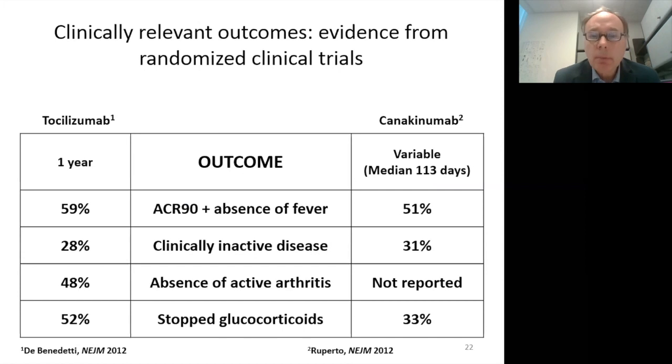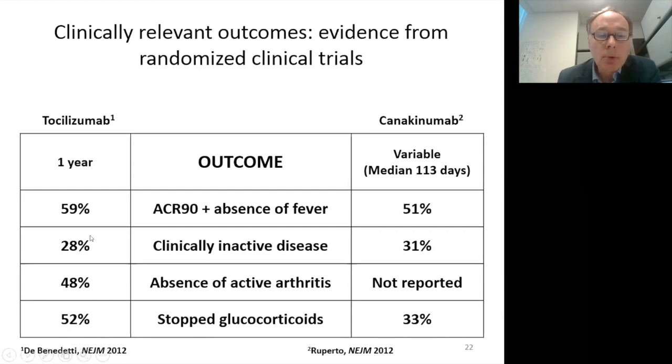Just a very brief summary of the results of these two trials. On the left side, you look at tocilizumab, a drug that blocks IL-6. On the right side, you look at canakinumab, the drug that blocks IL-1 beta. The outcome, ACR 90, roughly means that we have 90% improvement in the clinical features of systemic juvenile idiopathic arthritis.